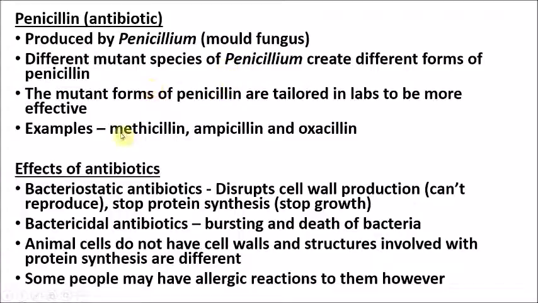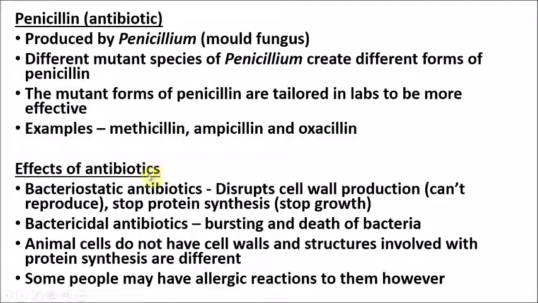Examples are methicillin, which is a different antibiotic, ampicillin or oxacillin. These are all derived from the original penicillium fungus that would make penicillin, but then they've been mutated or tailored slightly in the lab to create different forms, which can be used for different things and different strengths.